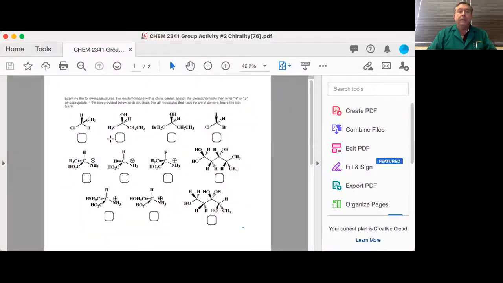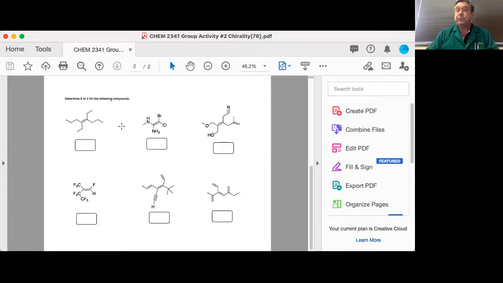Adobe Acrobat. Okay, so the first page is going to look like this. So the first thing you do is you see if it has 4 things. If it has 4 things, assign it R and S. Do whichever one you like. I prefer my hand one, but if you like to draw it, go ahead and draw it. I would, again, redraw them all such that the lowest priority is facing backwards.